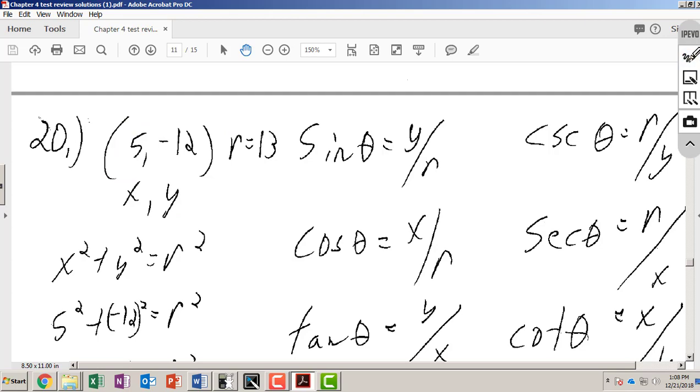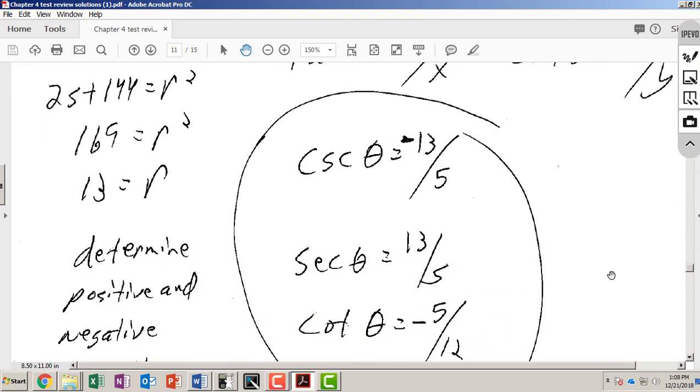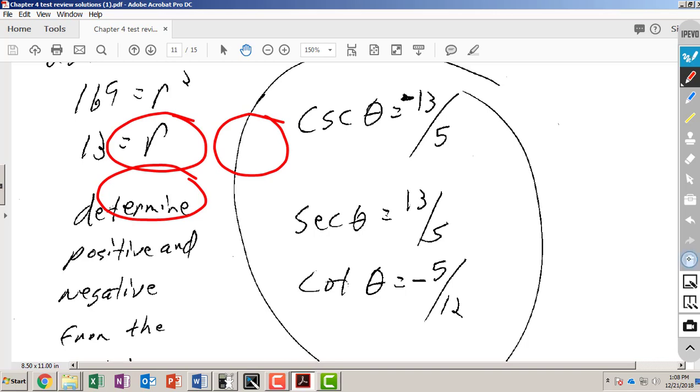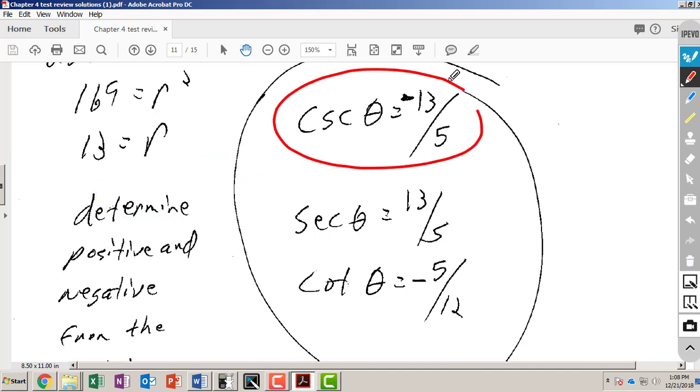So down here, cosecant is going to be my radius over my y-coordinate. That's why it comes out to be 13/5, and that is negative right there.